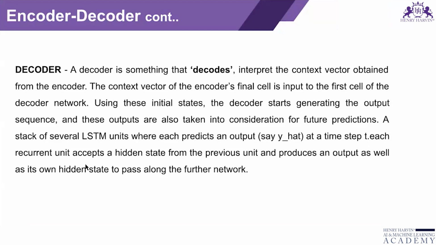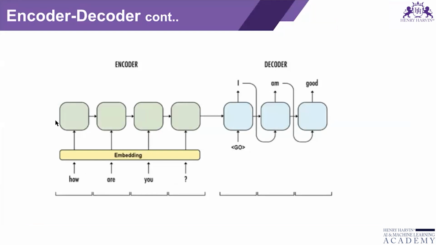Each recurrent unit accepts a hidden state from the previous unit and produces an output as well as its own hidden state to pass along the further network. Just like this, if these cells are for the encoder, this is a single circle of the neural network hidden layer.